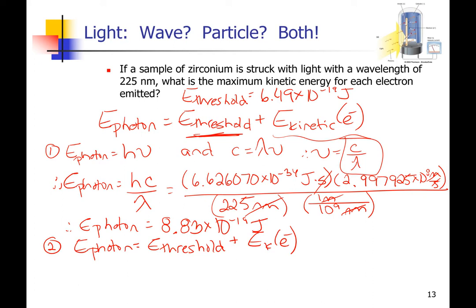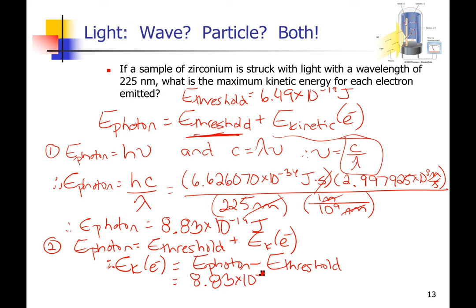So that means that my kinetic energy of my electron will be equal to the energy that the photon started with minus the energy that was used up ejecting that electron, or the threshold energy, equals 8.83 times 10 to the minus 19 joules minus 6.49 times 10 to the minus 19 joules, and that gives us 2.34 times 10 to the minus 19 joules.